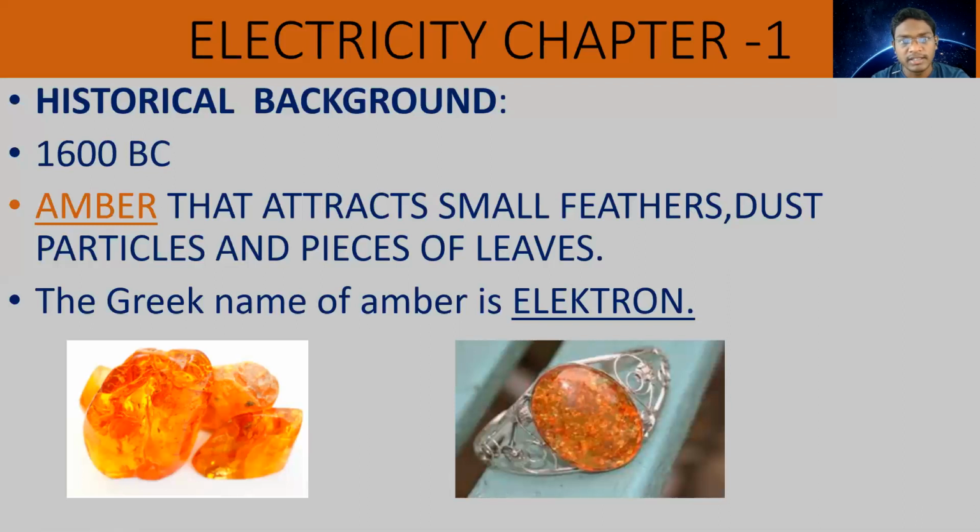Most importantly, the Greek name of amber is electron. From this word electron, the words electric field, electricity, and electric potential have all been derived. That is why amber is very important: its attracting property is because of the charge developed in this body.